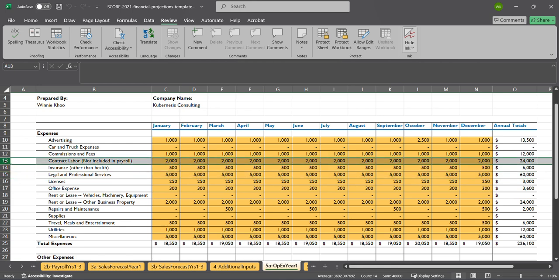So I would say if you have a website redesign or somebody coming on as a designer or developer to help you with a website, that might be something you would put into contract labor. And pretty much anything that doesn't fall cleanly anywhere else, you would put into contract labor. And any department that requires contract labor would come here.